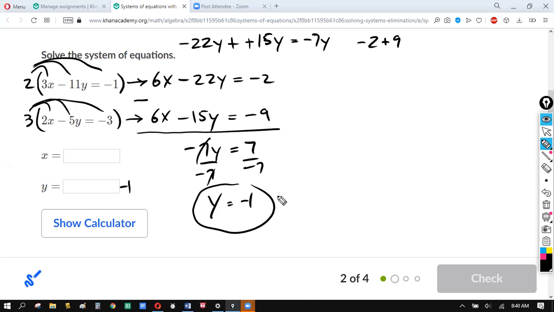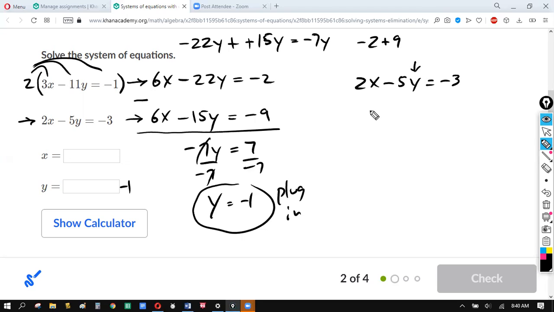Okay, take that negative 1 and plug it in. We can use either equation. So I'm going to use this one right here. All right, let's rewrite it. 2x minus 5y is negative 3. And this negative 1 goes right in here in place of the y.